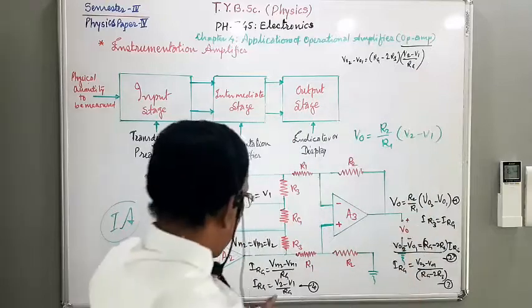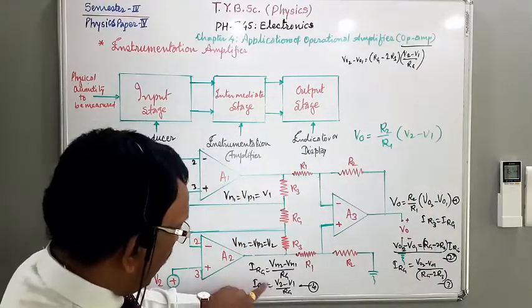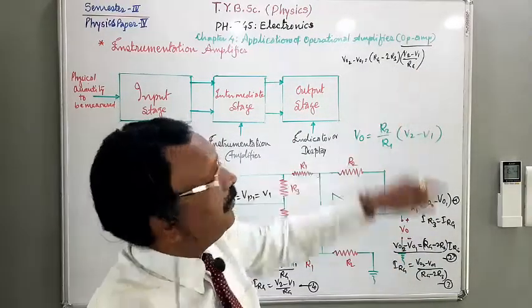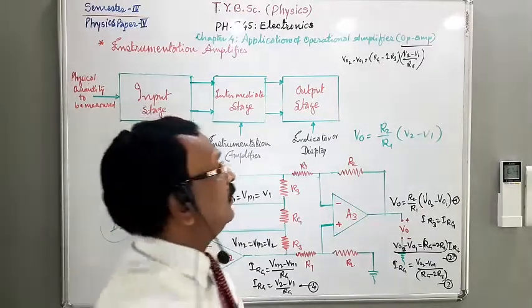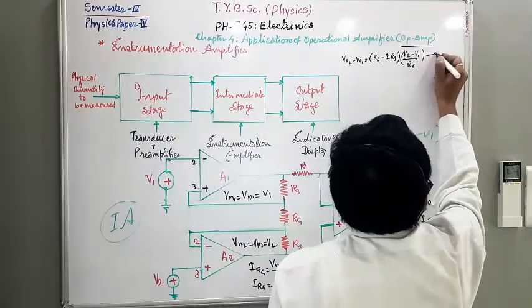We substitute the value of this IRG in the equation and we will have this equation. Suppose this is equation 5.